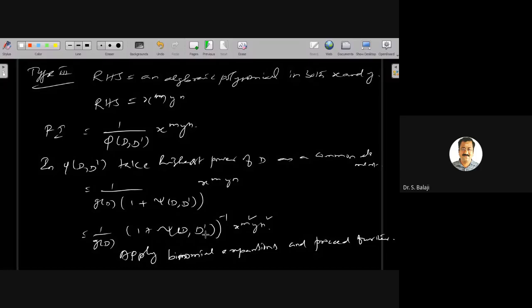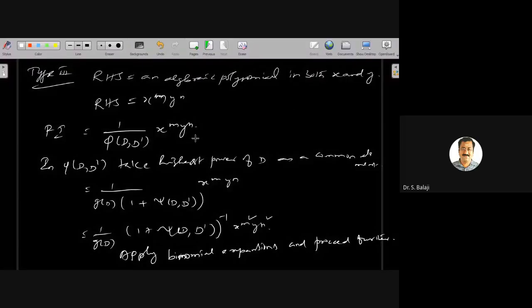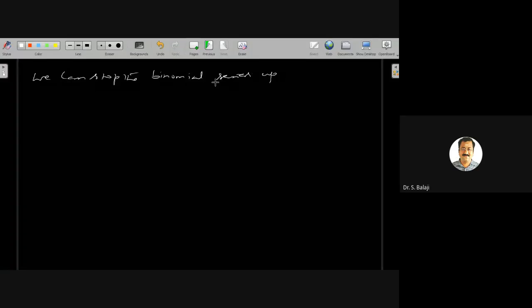Therefore, you can stop the binomial series depending upon the power of x and y. That one we can proceed.